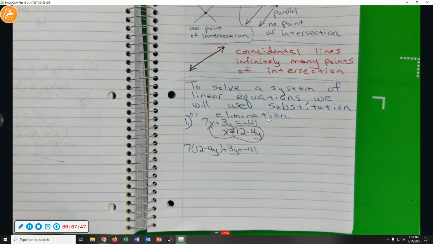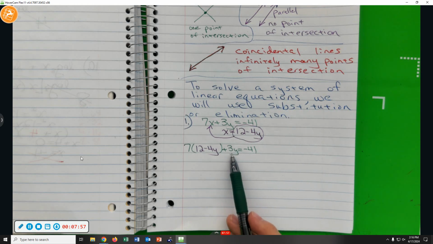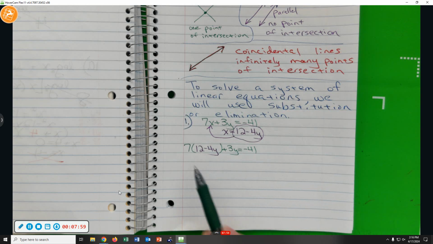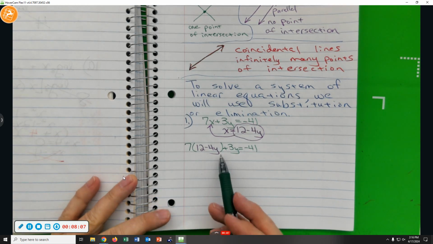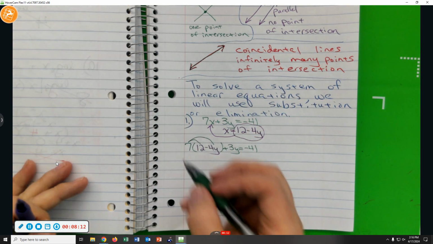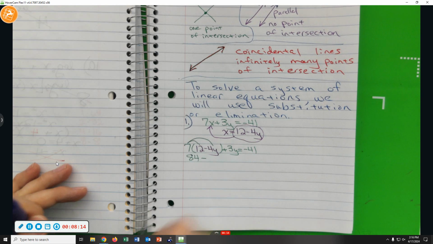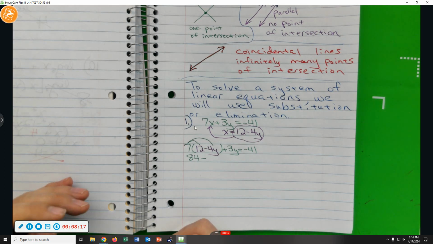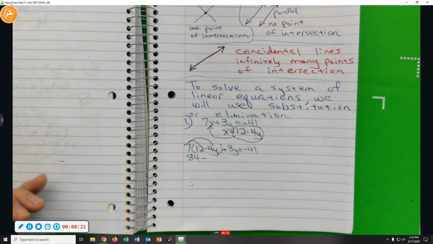We still have that plus 3y equals a negative 41. So we've gone from two equations with two variables. Look at this. Now we have one equation with just the same variable, y. We know what we're going to have to do here. We're going to have to get y by itself, and whatever the number is on the other side, that'll be the solution for y. So let's get rid of the parentheses by distributing there and there. 7 times 12 is 84 minus 7 times that minus 4y is going to give me negative 28y.